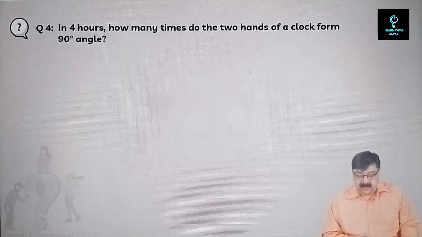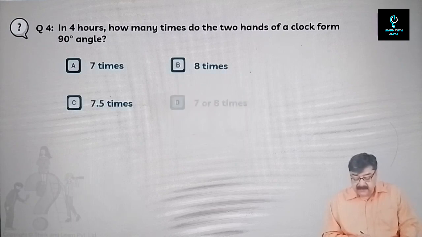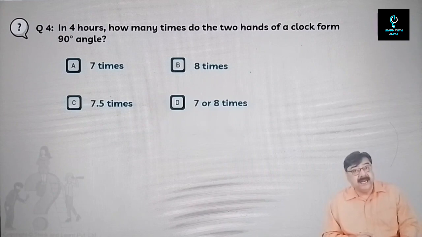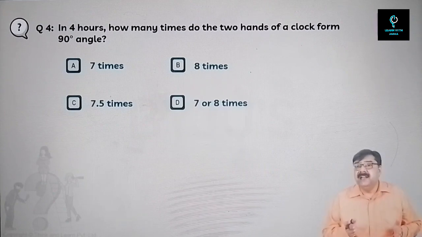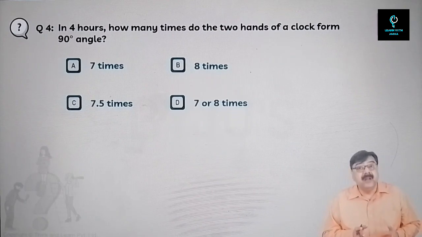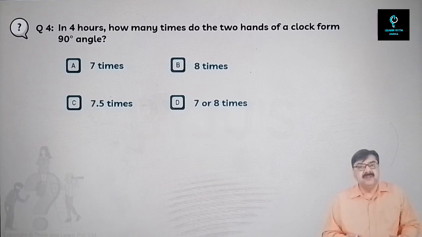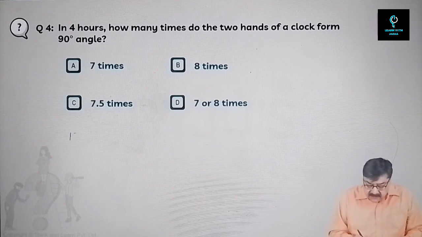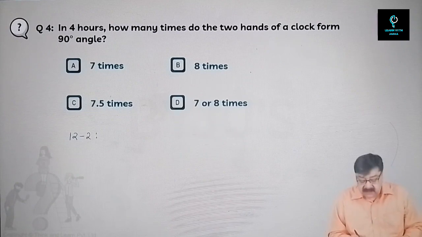Now in 4 hours, how many times do the two hands of a clock form 90 degrees angle? And we are given various choices here as 7 times, 8 times, 7.5 times, or 7 or 8 times. Now you must know this, that 90 degrees angle is formed 22 times in 12 hours. In this, if we see various 2 hours intervals from 12 to 2, 90 degrees angle is formed 4 times.